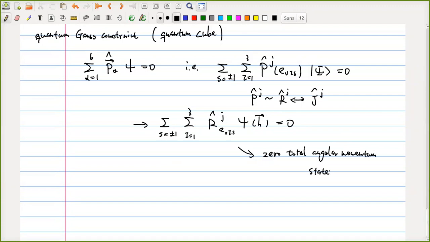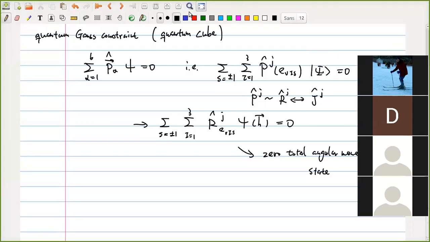Okay, so this is something we have already discussed before. When we talk about gauge invariant wave functions, gauge invariant states, the result we get is that those states are actually of zero total angular momentum if we formulate everything in terms of angular momentum. You have a number of edges, which corresponds to a number of molecules, and each molecule has an angular momentum.